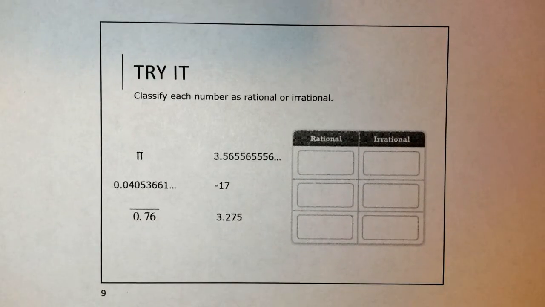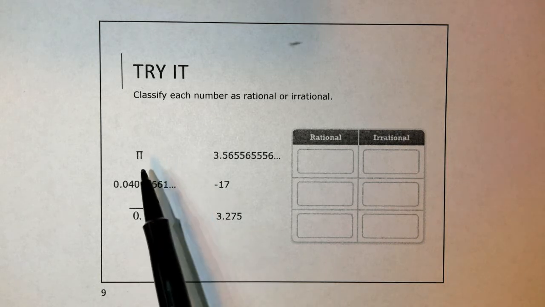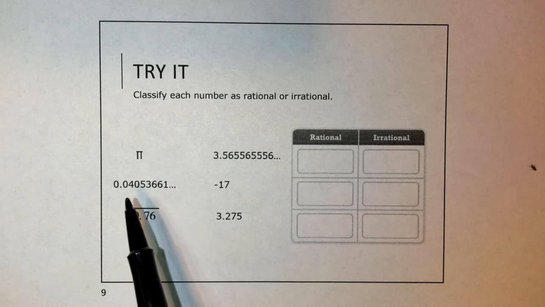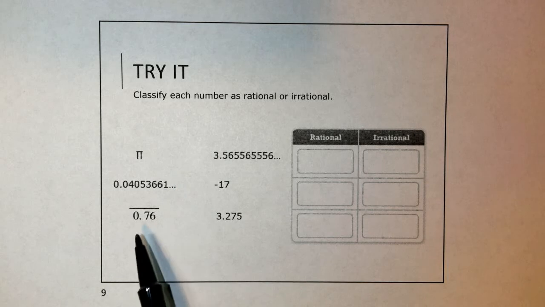Underneath example 1, there is a try it problem. It says classify each number as rational or irrational. So go ahead, take a moment, pause the video, and answer this question. When you're ready to check your answer, you can unpause to check your work. So here in this example, we have pi, 0.4053661, and then down here 0.76 with a bar over it.